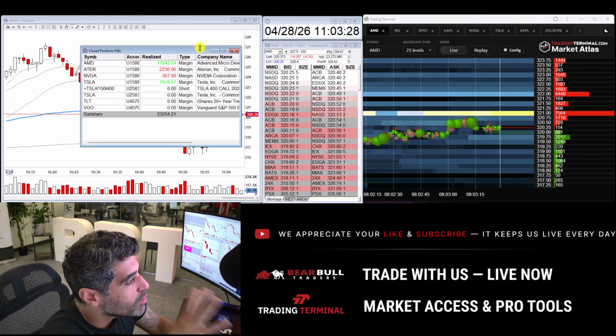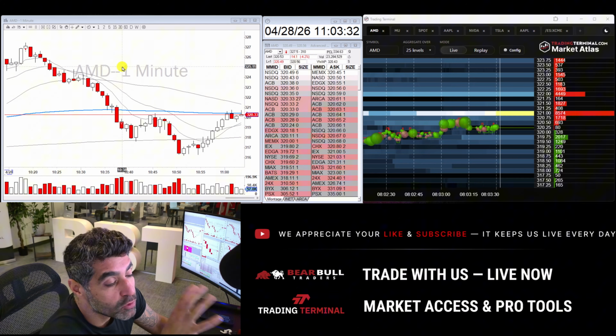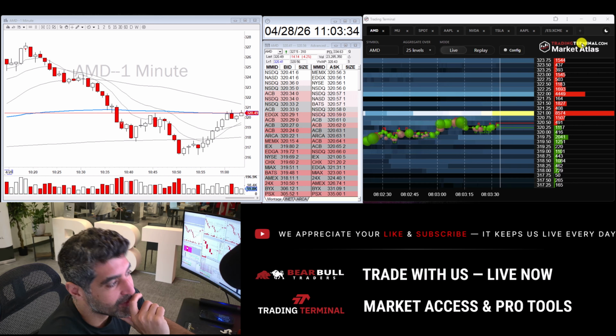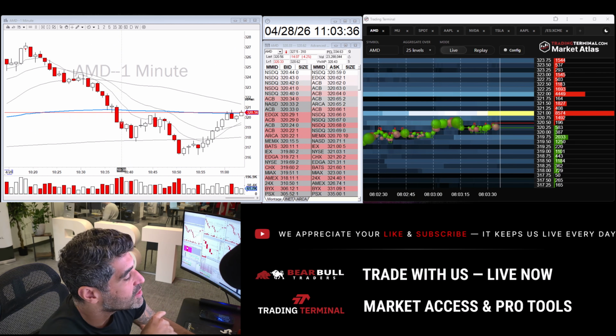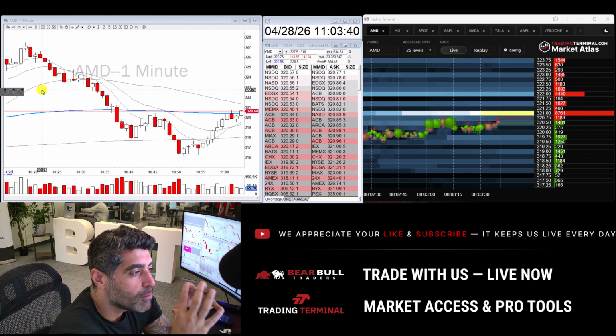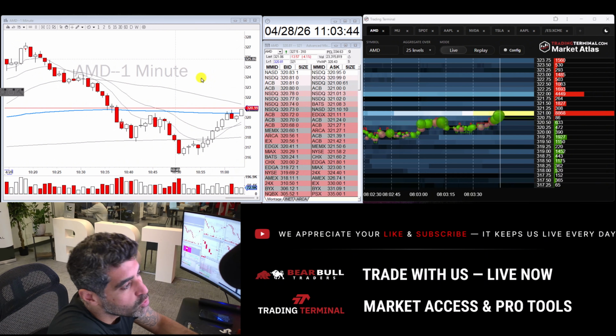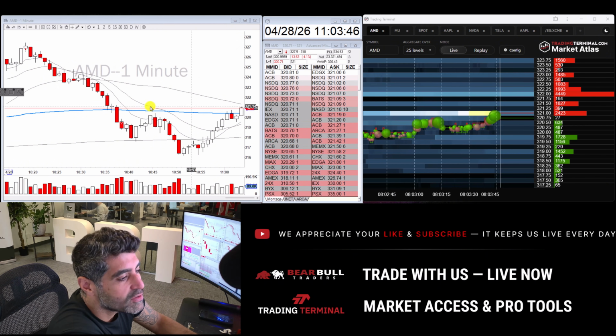So the most important tool for day trading and scalping the financial market for US stocks, I think, is Market Atlas. And Market Atlas is essentially the depth of market, the liquidity of the market makers for different levels when you see it over time. So the level 2 doesn't have the time axis.